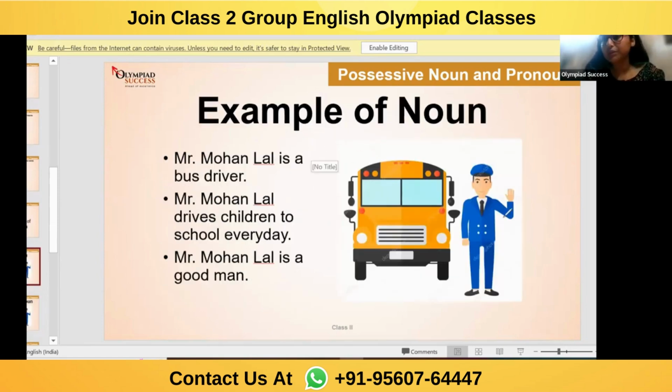Example of noun. Pesha, would you like to read? Mr. Mohan Lal is a bus driver. Mr. Mohan Lal drives children to school every day.